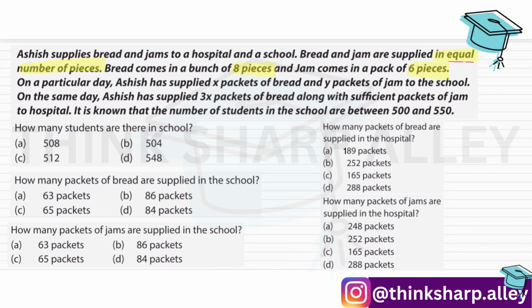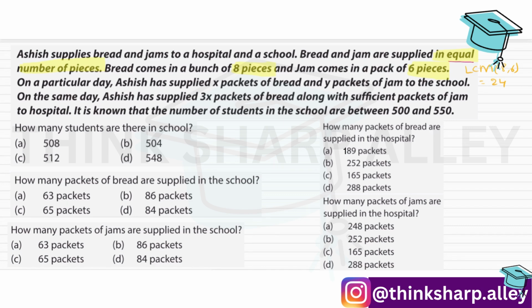Alright, so here when they say that bread comes in a bunch of 8 pieces and jam comes in a bunch of 6 pieces, and we need to supply equal number of breads and jam, so equal number is given by LCM of 8 and 6, which is equal to 24. So whatever number of bread and jam needs to be sent, that needs to be a multiple of 24.